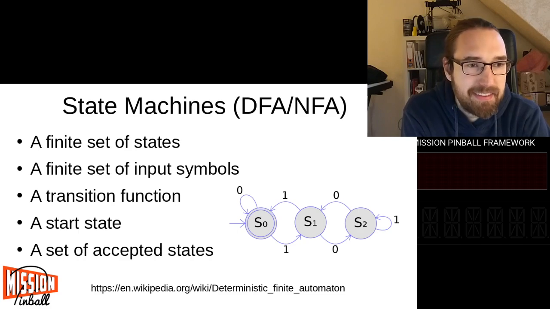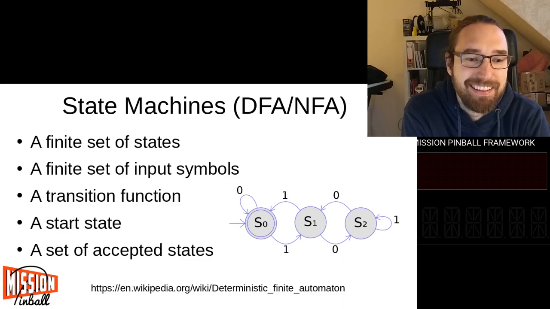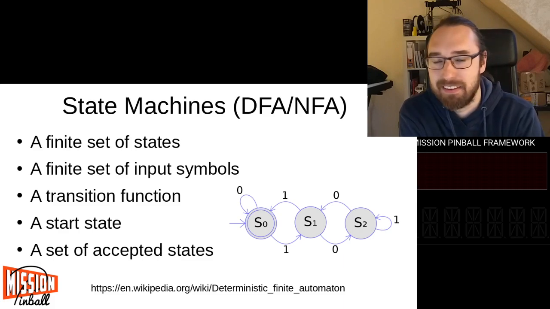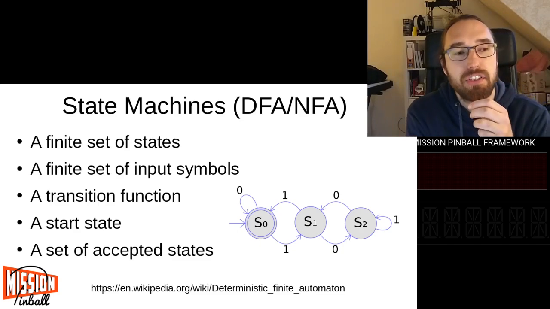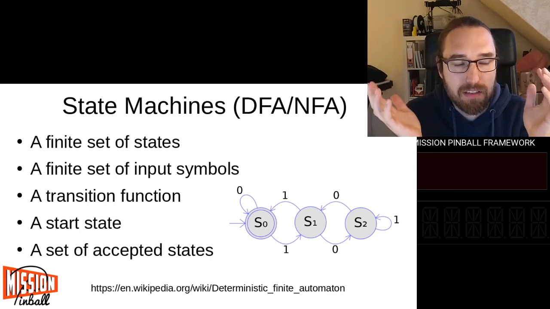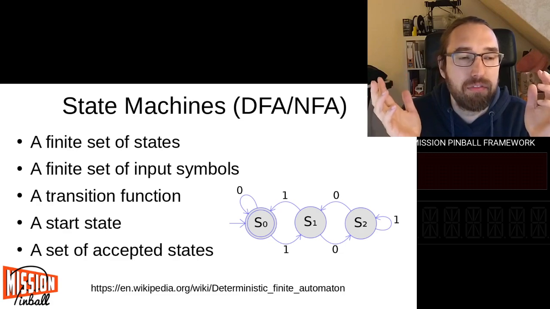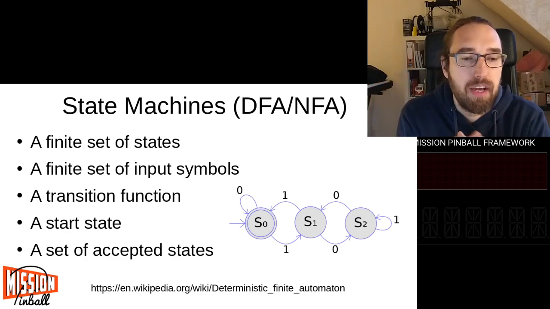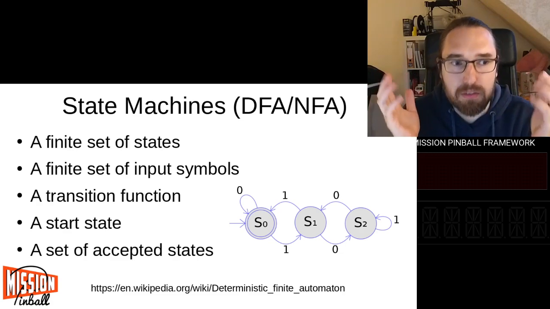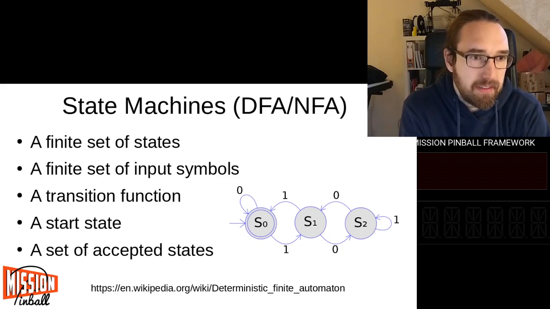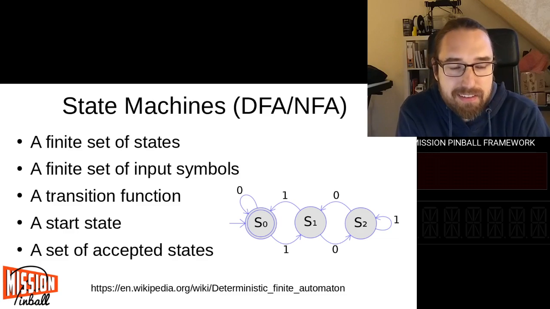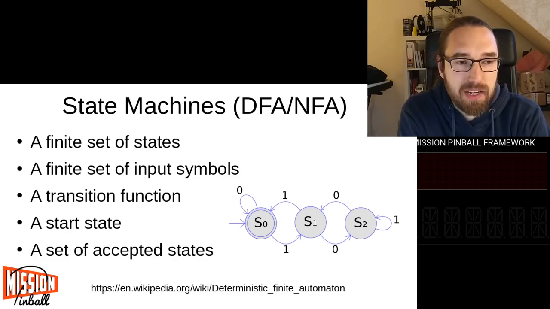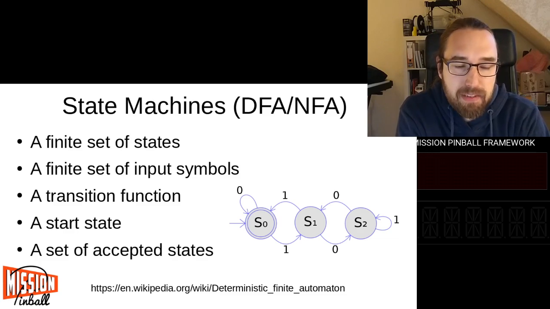What does that all mean? Sounds scary, right? There's a mathematical definition as a tuple of those five elements, and that's what you can use to describe the state machine mathematically. But we don't necessarily want that. It's just important to understand what's there.